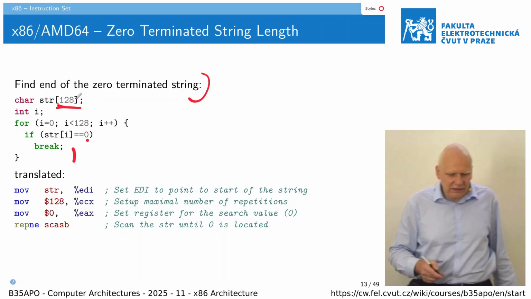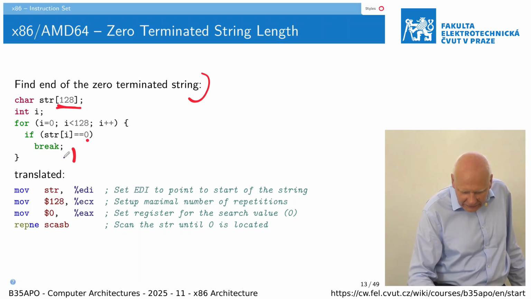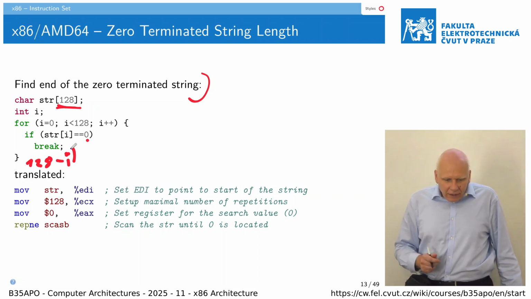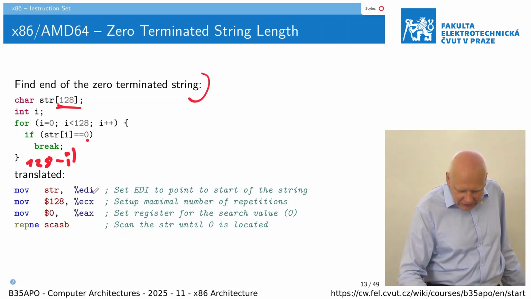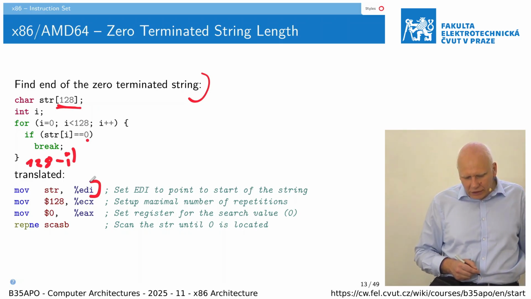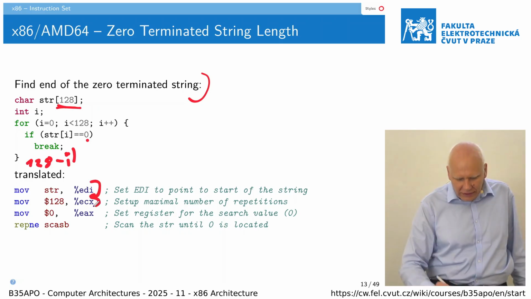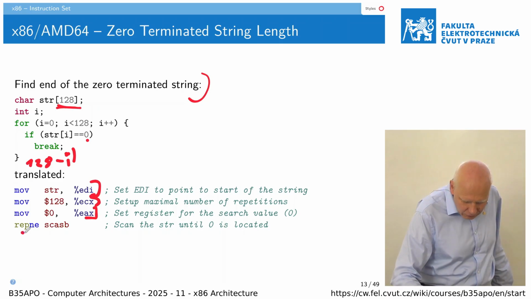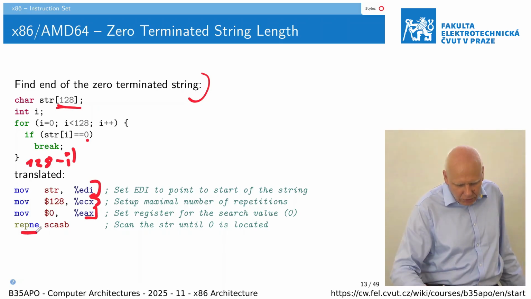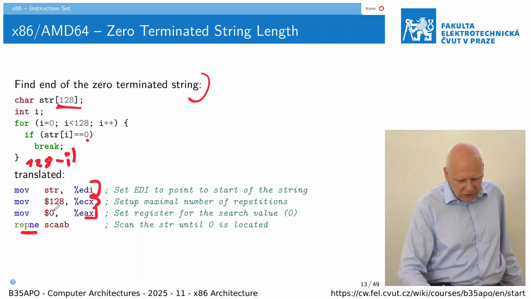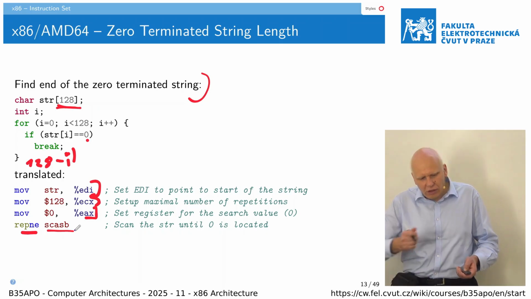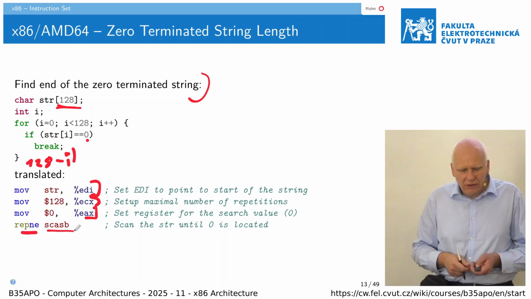So then you can compute the length as 128 minus i, and you get the value. And it can be translated: we specify the location of the string, the maximum length of the string that we want to compare for the zero value. We say that we want to repeat on non-equal. So if it is not equal to the zero, then you ask for the operation repeat, which loads and scans for the given value.